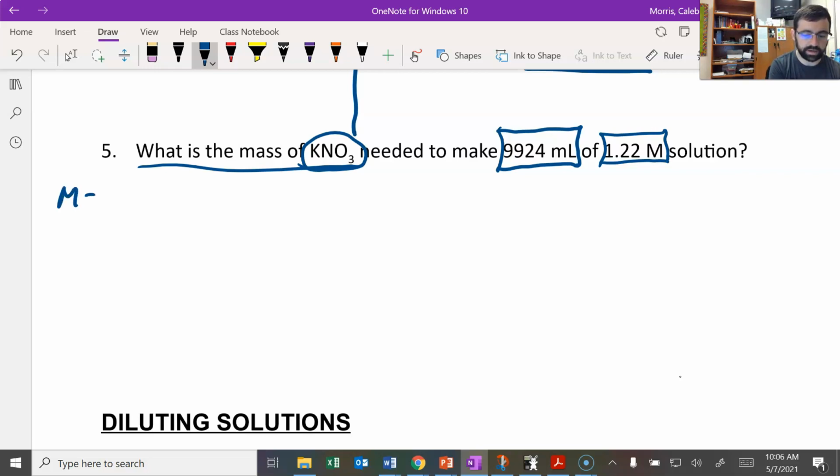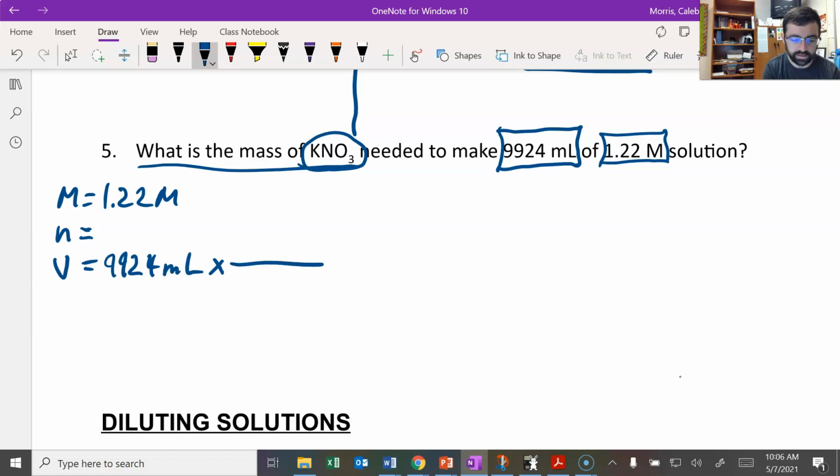So I've got my molarity. My volume is 9,924 milliliters. If I want to convert that to liters, that's going to be 1,000 milliliters on the bottom, 1 liter on the top, or you can just move the decimal 3 places.